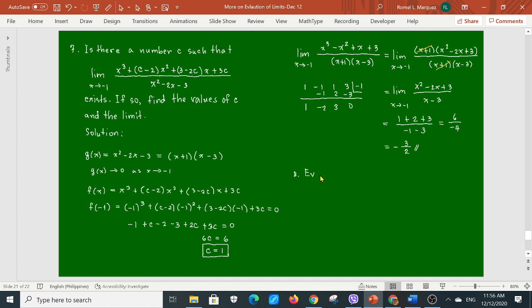Evaluate the limit as n approaches 0 of f of n minus f of 0, all over n, if f of x is equal to the absolute value of x.